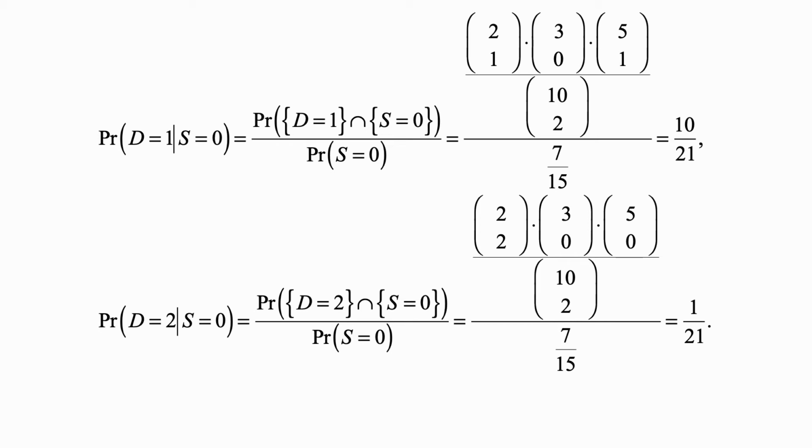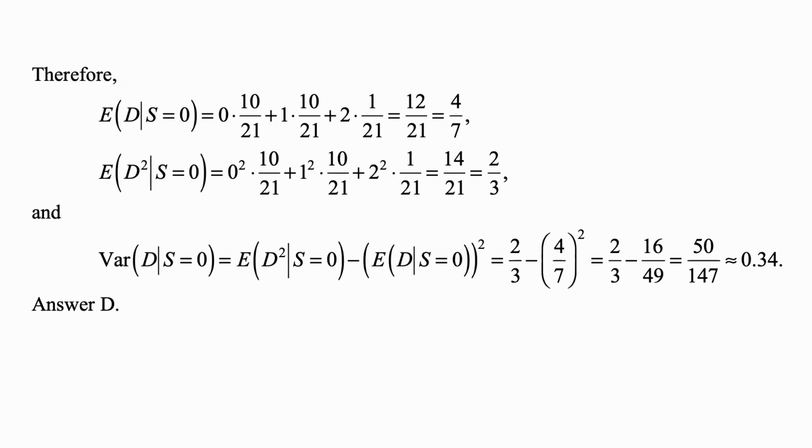And then the probability that D is 2, given that S is 0, is the probability that D is 2 and S is 0, divided by the probability that S is 0, which is 2 choose 2, 2 diamonds, times 3 choose 0, no spades, times 5 choose 0, because we're getting no hearts, because we chose 2 diamonds as our 2 cards, divided by 10 choose 2, which is the total number of ways to choose 2 cards out of 10, and then divided by 7/15, the probability that S is 0, and this is equal to 1 over 21.